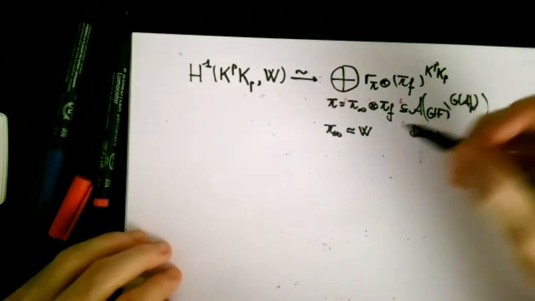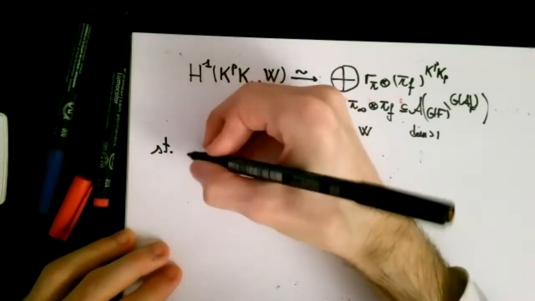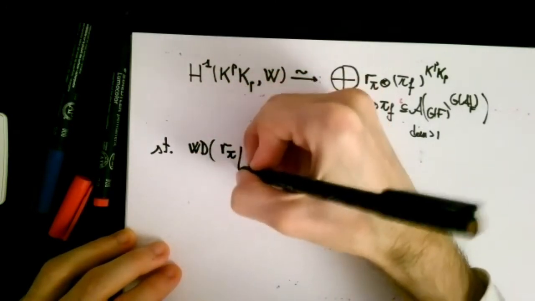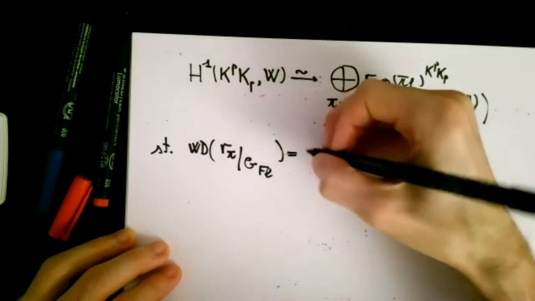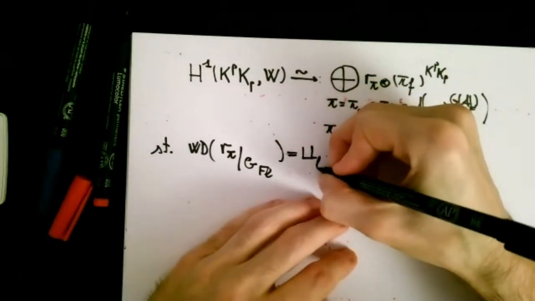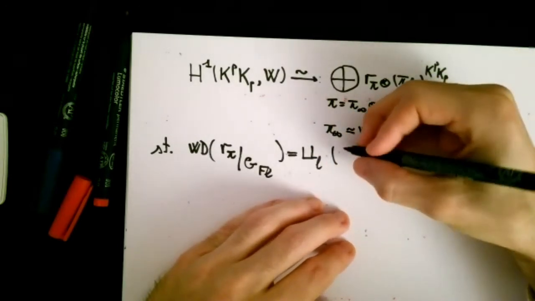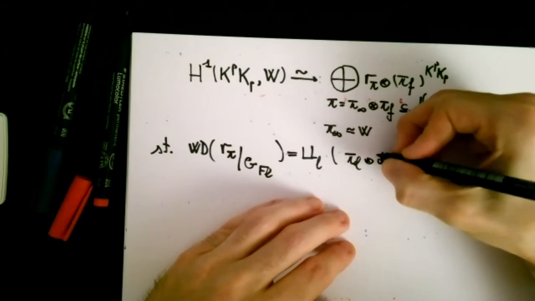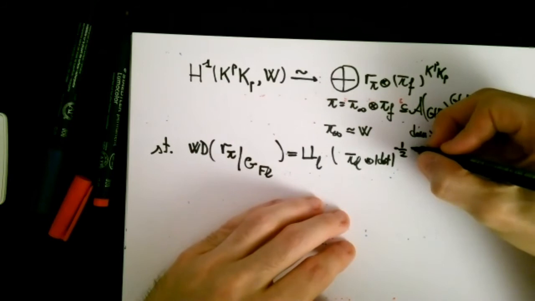And this satisfies the local-global compatibility, such that if I take the Weil-Deligne representation associated to the restriction of rho pi to G_{F_L}, this is equal to the local Langlands correspondence at L, with coefficients over the algebraic closure of the coefficient field E, of pi_L times absolute value to the minus 1/2.